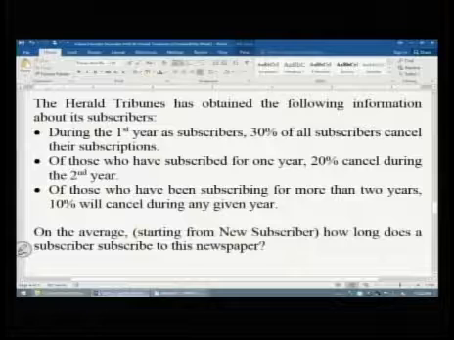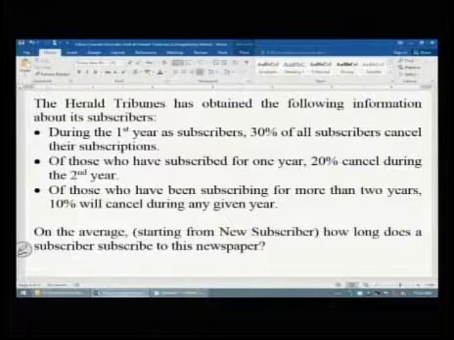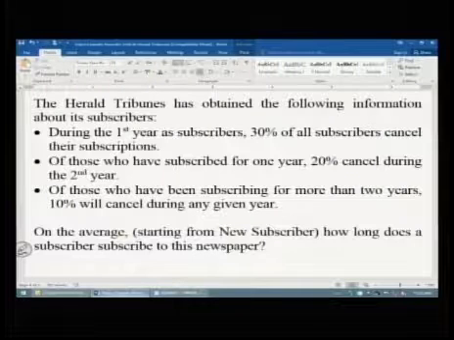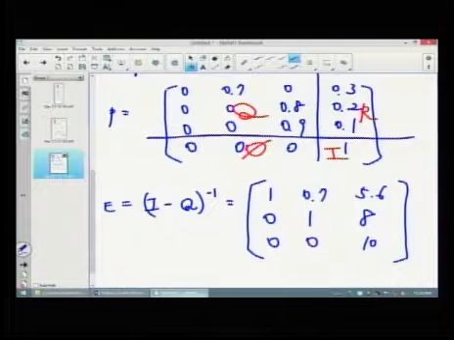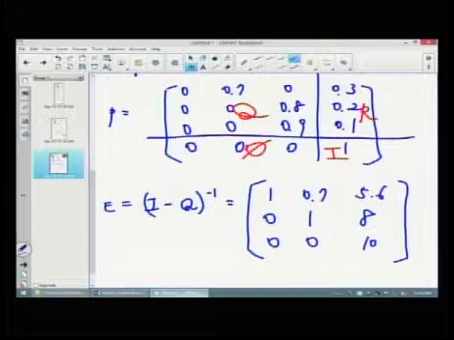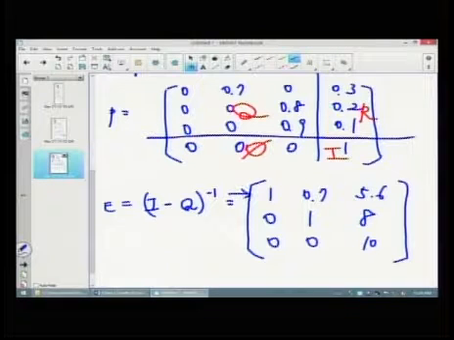Now, how would you answer? It's asking you, on the average, starting from a new subscriber, how long does a subscriber subscribe to this newspaper? So using this E matrix, how would you answer that? We are starting in state number 1, right? So we need to look at the first row, which is a new subscriber.